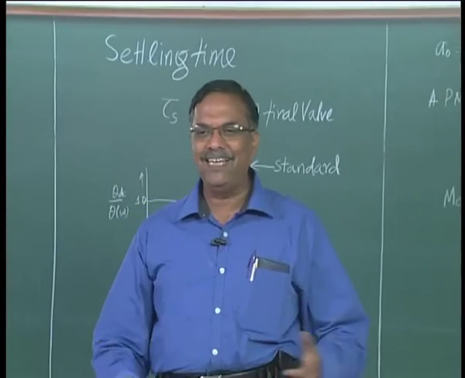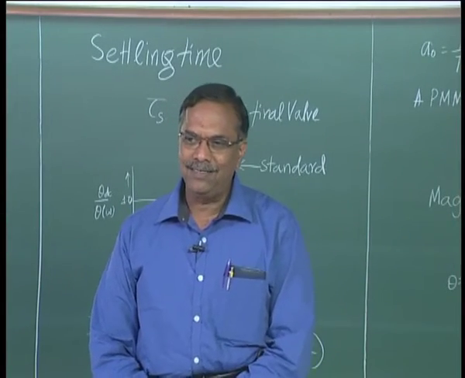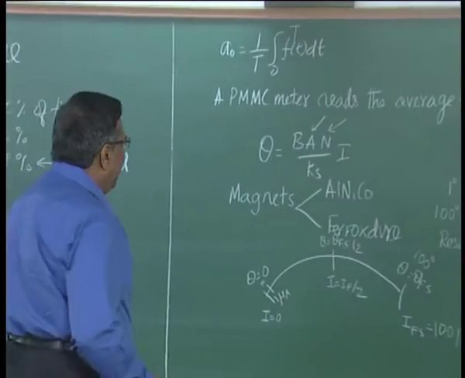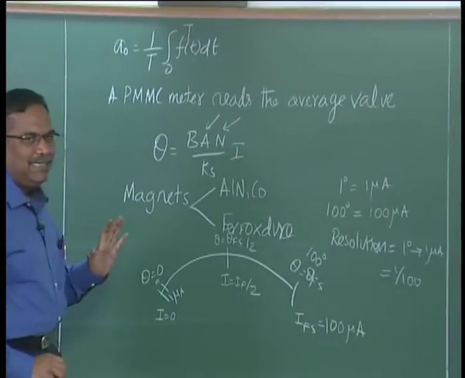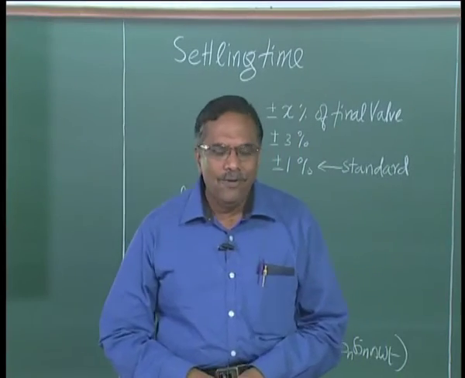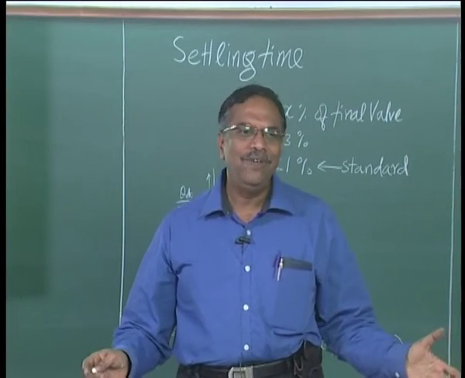So I can say it as a ratio of 1 in 100, resolution is 1 by 100. So basically a PMMC meter is an ammeter of full scale value whatever we design.